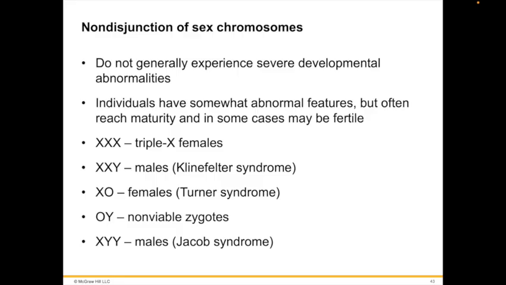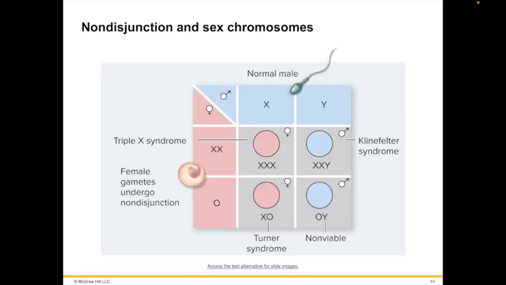XO zygotes will develop into a sterile female of short stature with a webbed neck and sex organs that never fully mature during puberty. The mental abilities of an XO individual are in the low to normal range. This condition, called Turner syndrome, occurs roughly once in every 5,000 female births.